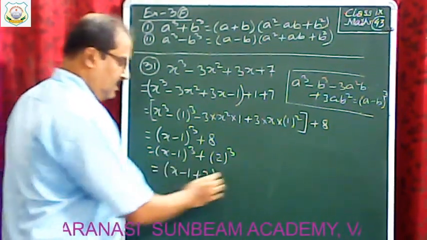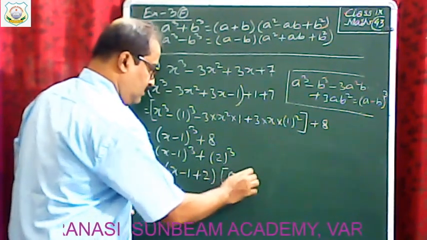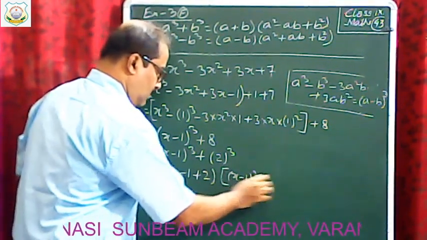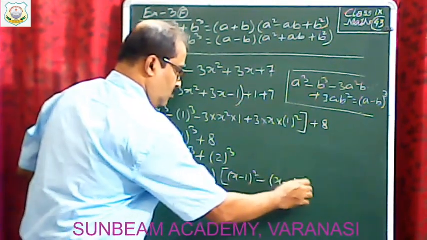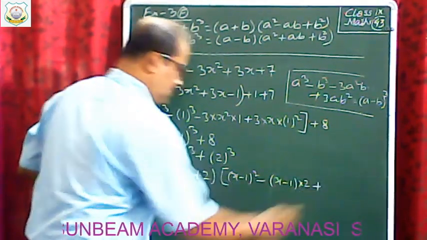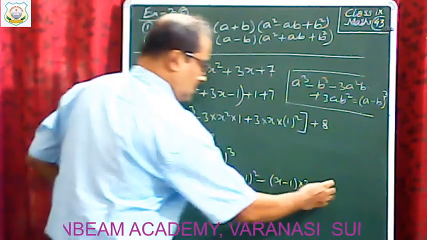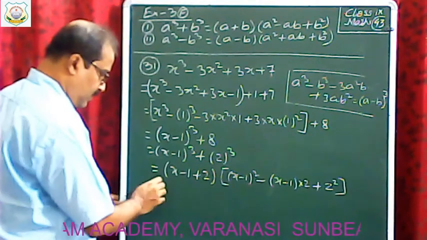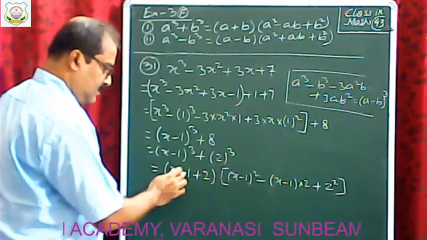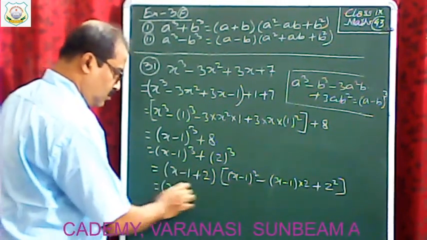a plus b, thereafter a square, x minus 1 whole square, minus ab, x minus 1 into 2, plus b square, 2 square. Now simplify and write x minus 1 plus 2, plus 1.